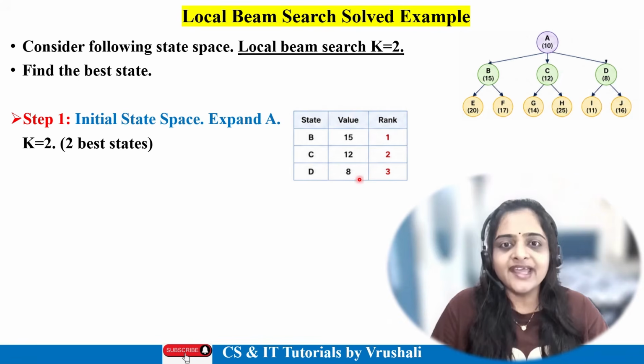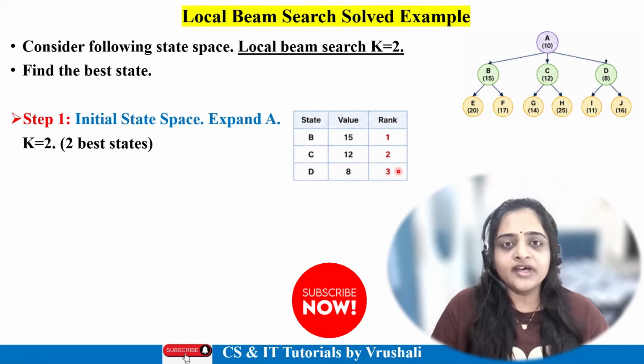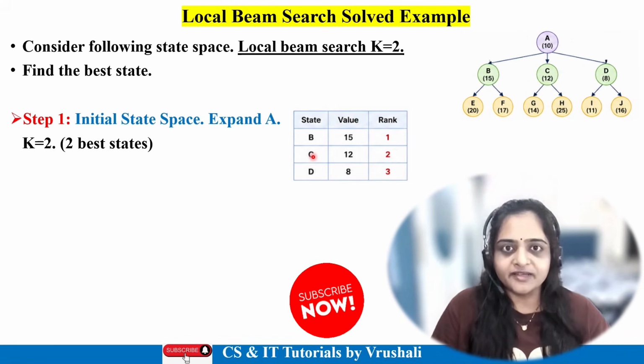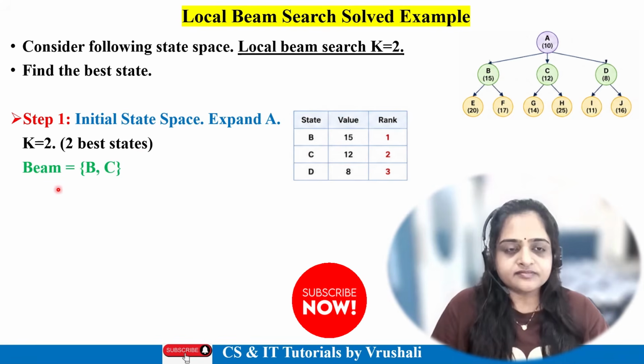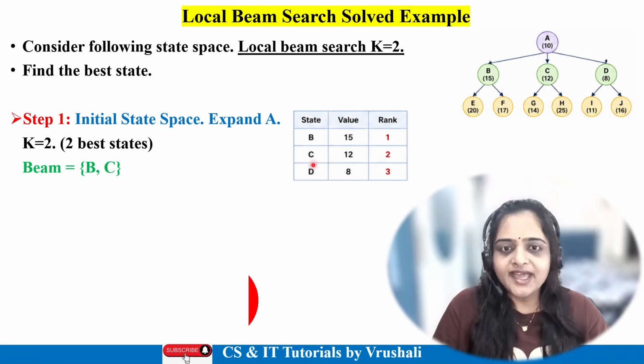Now give the ranking as per their value. The highest value is 15, so its rank is 1, after that 12, after that 8, like 1, 2 and 3. You have to explore k equal to 2, meaning the top 2 values at a time. So your beam is B and C.